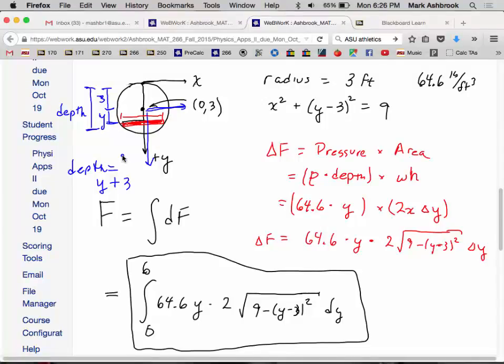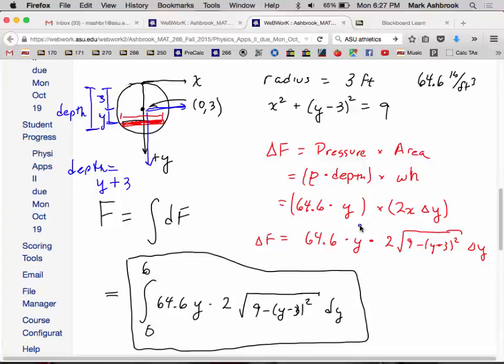Since we're measuring the depth, we should usually make positive y down, which makes it easier. Even if you put the origin in the middle of the circle, it's still okay. I think it's easier to see that the depth is y plus 3 rather than having a subtraction. If you had y going up, you'd have a subtraction, which might be trickier to see. So making positive y down is helpful here in both ways.